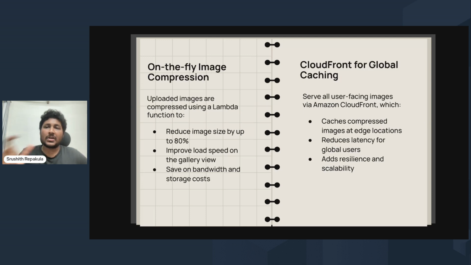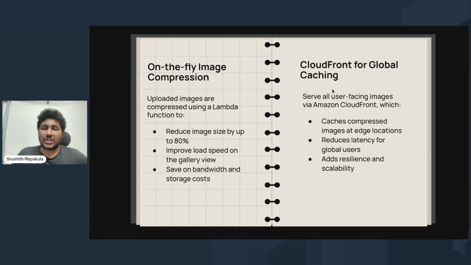Because now you have a compressed image, if needed, we can actually get rid of the original image, which is 15 MB in size, and keep an image which is probably 1 MB or even in KBs. And nobody would even know it because of the compression. So that helps in both bandwidth and storage costs.